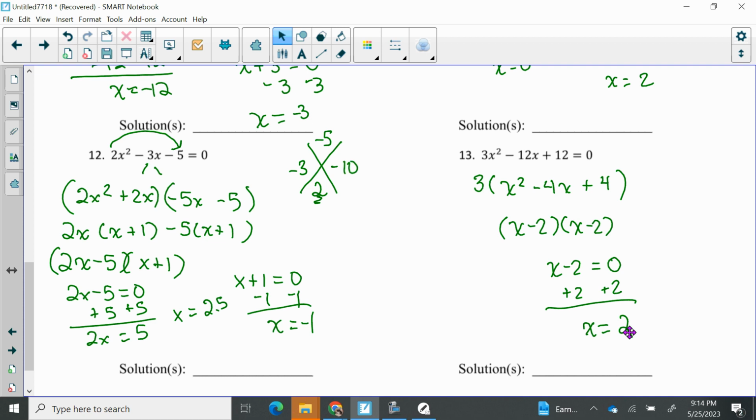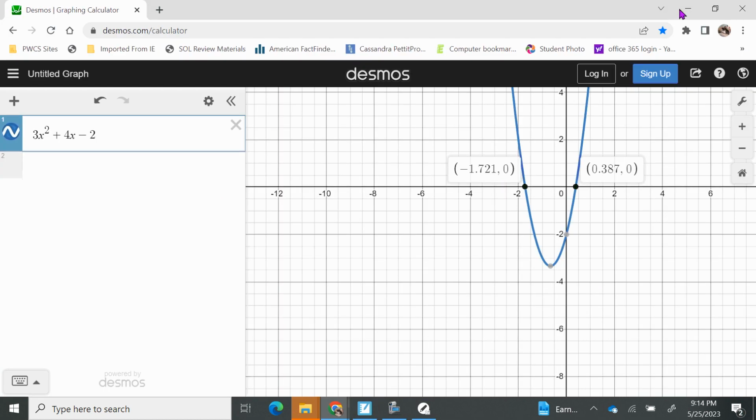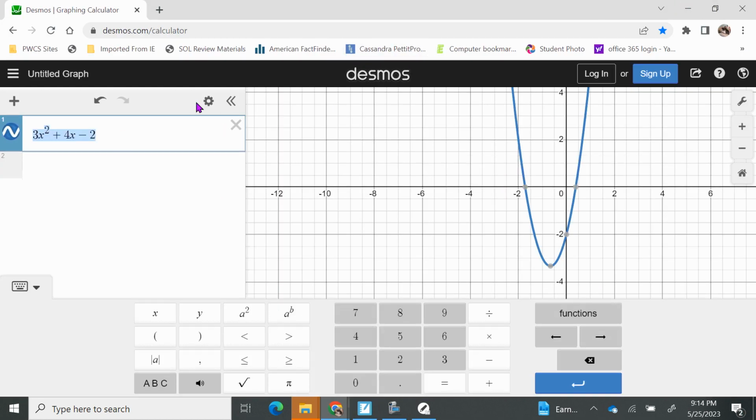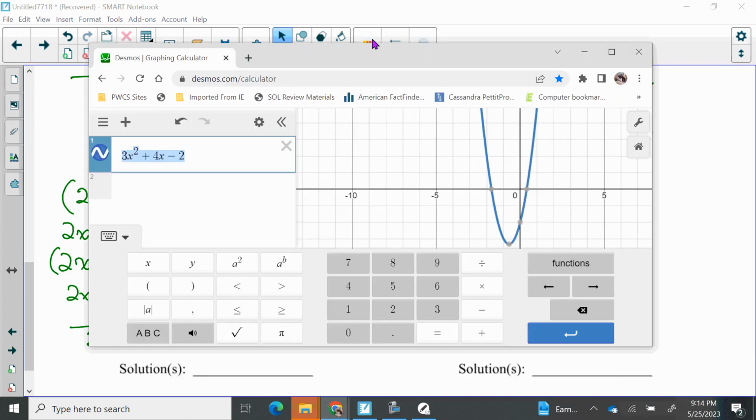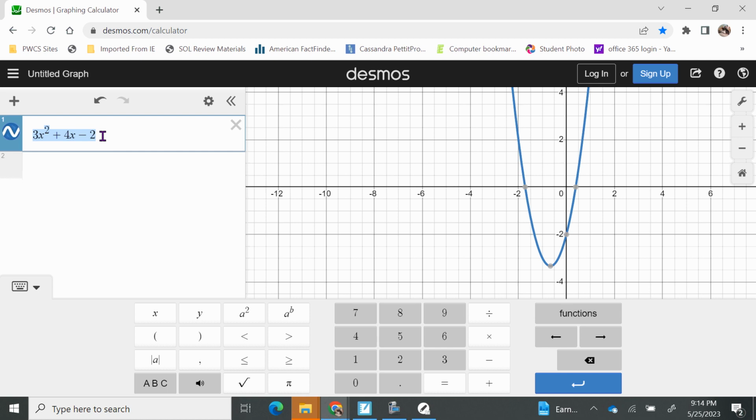One thing I'd like to challenge you, though, is to also look at it in Desmos and see what that means. It's so important for you guys to understand the relationship between factoring and 0. So we have 3x squared minus 12x plus 12. Let's take a look at that.